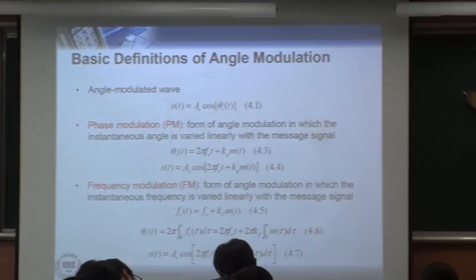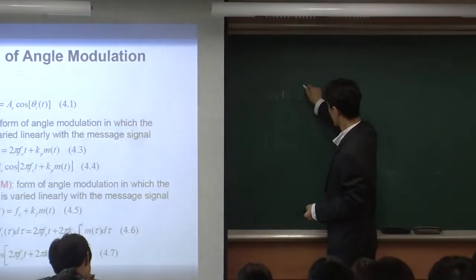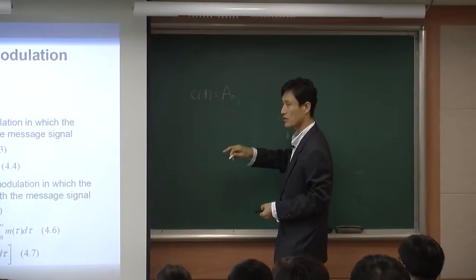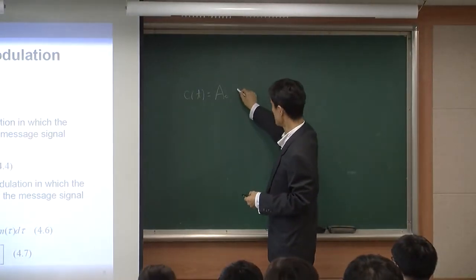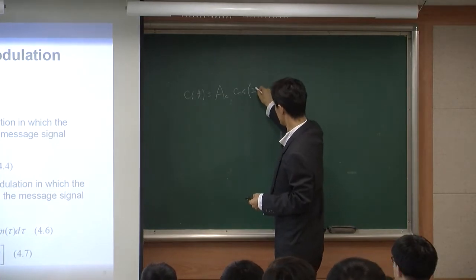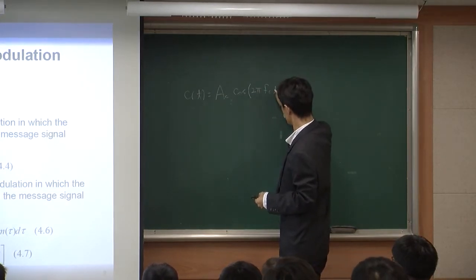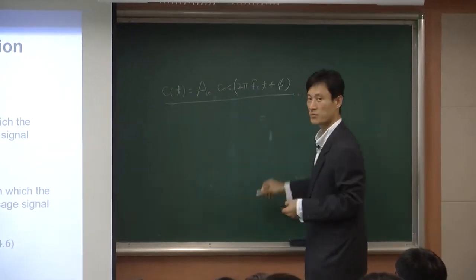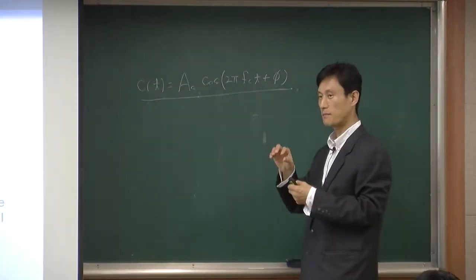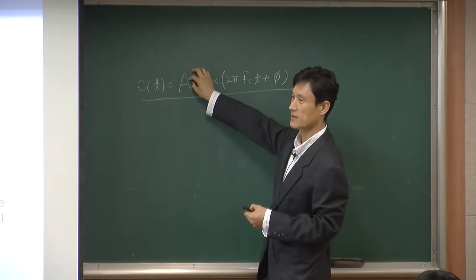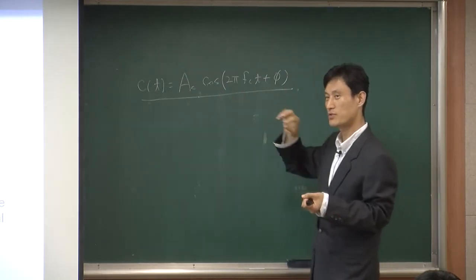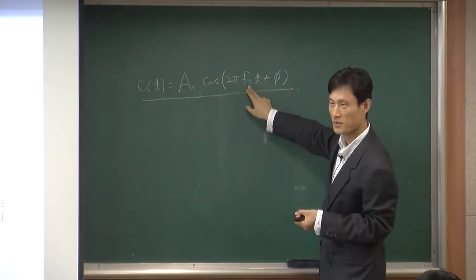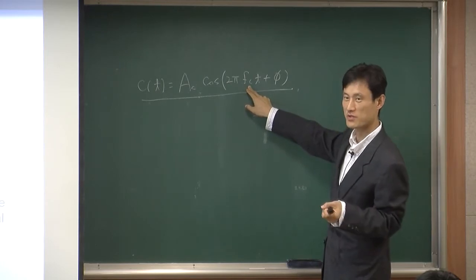For example, think about the carrier. The carrier may have its own amplitude, carrier amplitude Ac, cosine of 2 pi fc t plus phi. We always start from here, right? And if you put the message into the amplitude, that's amplitude modulation. When you put the message into the frequency part, that's going to be frequency modulation.